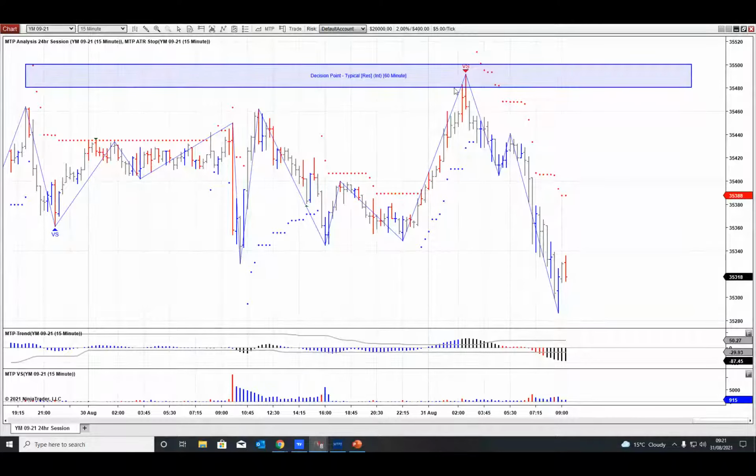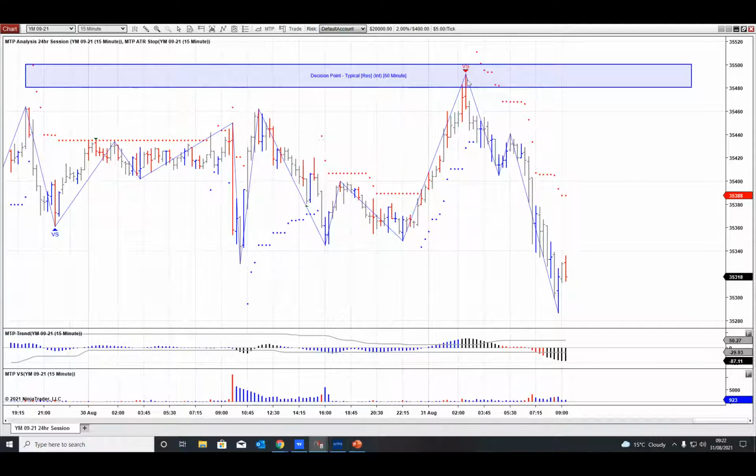If you then get a setup at this level, you then look for the MTP trend to be in agreement with this. In other words, here it was blue for up, black for in the process of making a reversal, and red for down. So here we had a VS sell, a volume spike sell. Again, there are recordings in the member section of the website that go through in detail exactly what this kind of trade setup is.